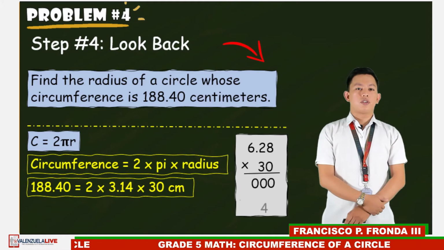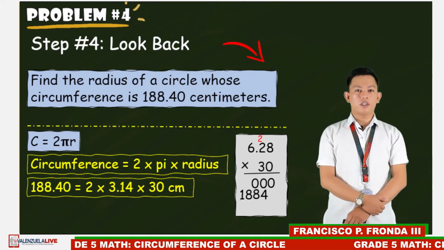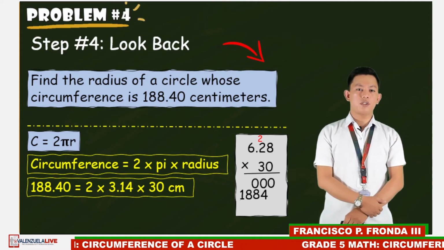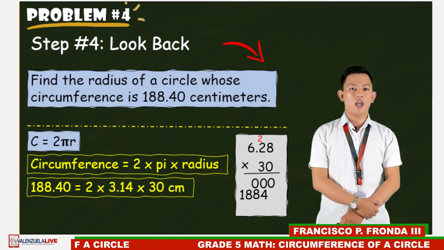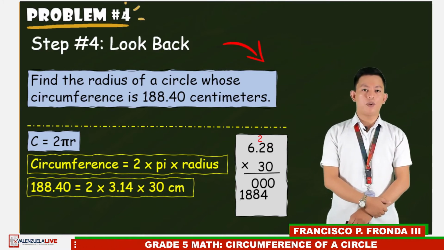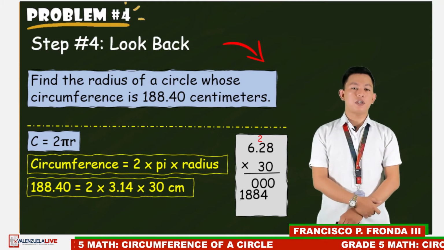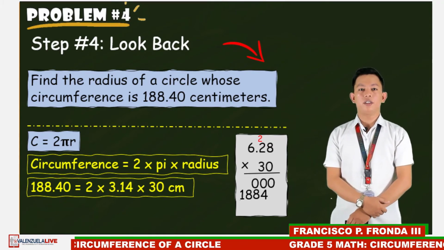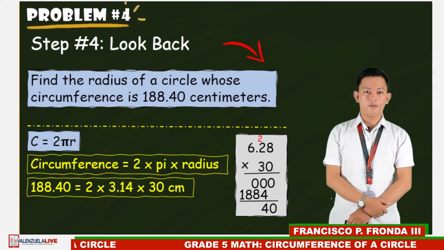Okay, 0 times 0, 0 times 8, the answer is 0. 0 times 2, the answer is 0. 0 times 6, the answer is 0. Then 3 times 8, the answer is 24. Regroup 2. 3 times 2, the answer is 6. Plus 2, the answer is 8. And then 3 times 6, the answer is 18. And then add.